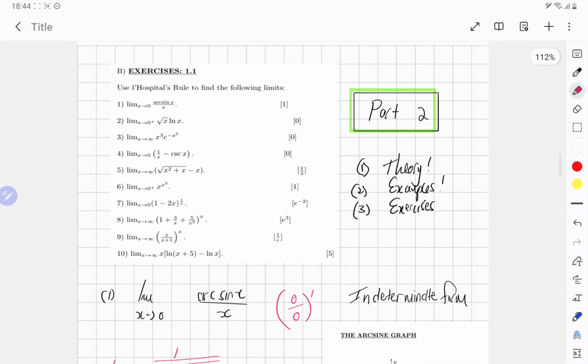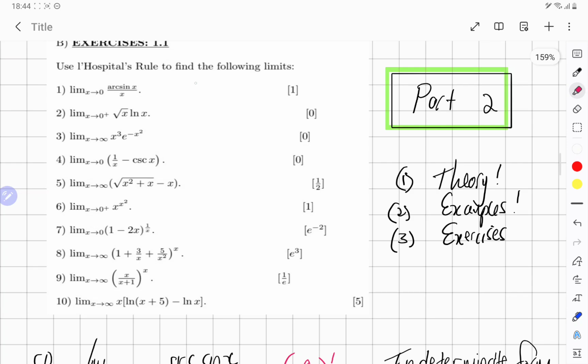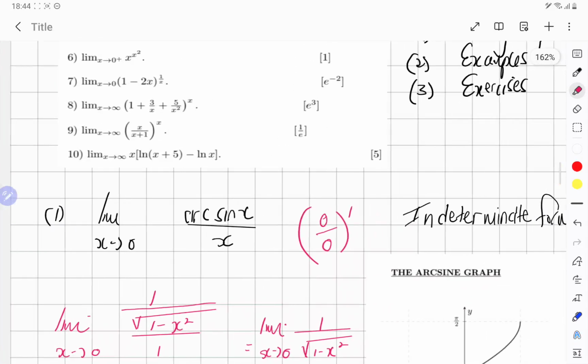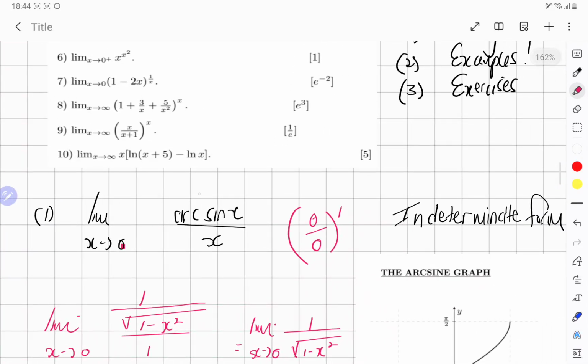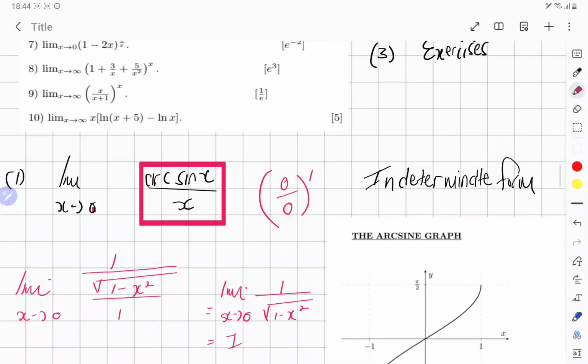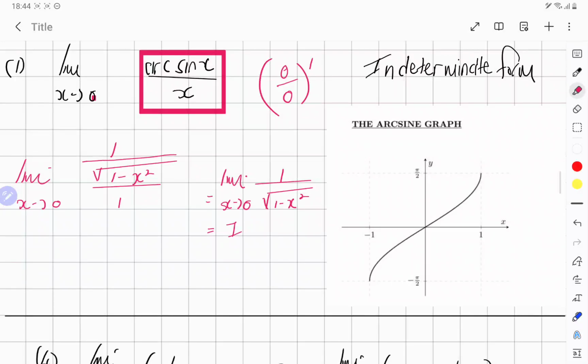So let's do number 1. Use L'Hôpital's rule to find the following limits. If they do not tell you to do L'Hôpital's, let's check why it is. If x approaches 0 for arc sine x, we will get 0. Just to recap, here is our arc sine graph.